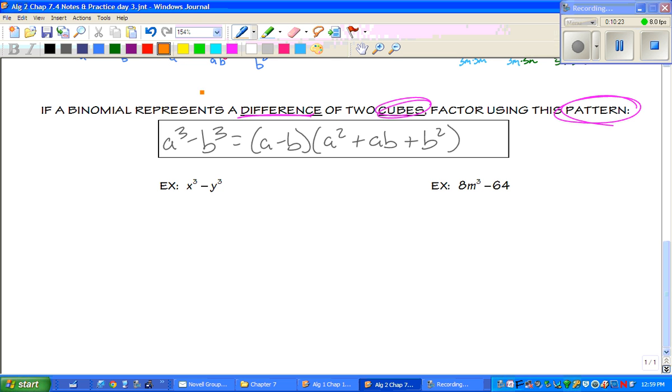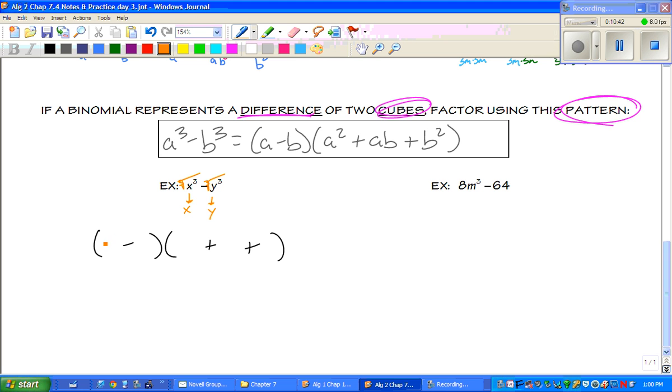Okay, so just like the last one, there's no GCF, so you take the cubed root of each one of those. Okay, it's minus, plus, plus. And now you just fill in the blanks.